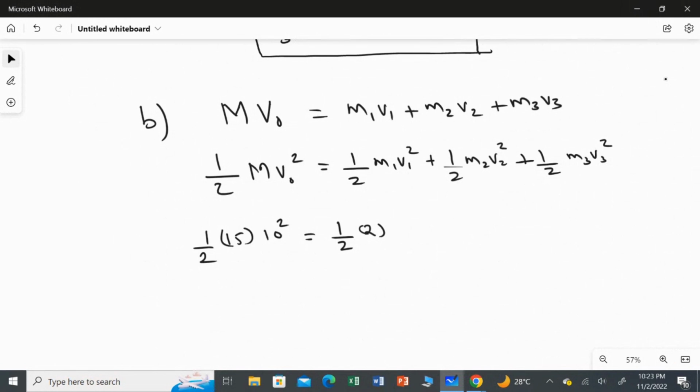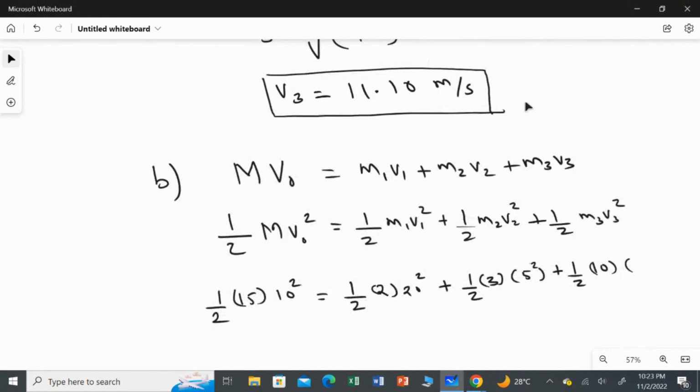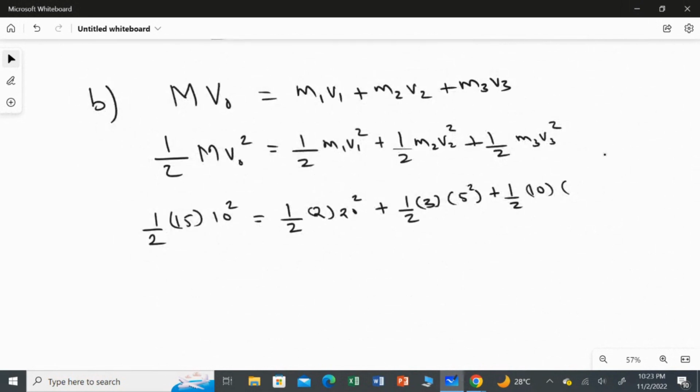So the first mass has the speed of 20 squared, plus half the second mass, 3, multiplied by 5 squared, and the third one is half the third mass, 10, multiplied by the speed we found just before for the third mass, 11.10, whole squared.